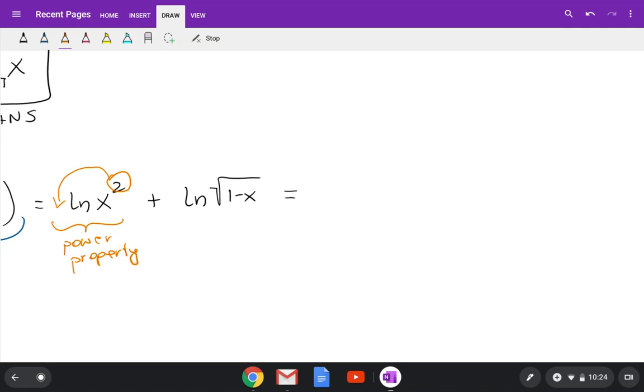We're going to move that 2 in front of log. So power can be moved in front of log. So this is the same as 2 times ln of x plus, and here when you have a radical with logs, you always convert that radical to exponential. So hopefully you guys see that square root of 1 minus x. Again, this is the expression. The power here, you don't see it, so it's 1.